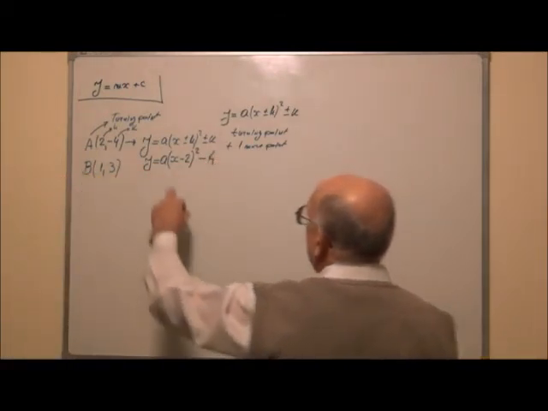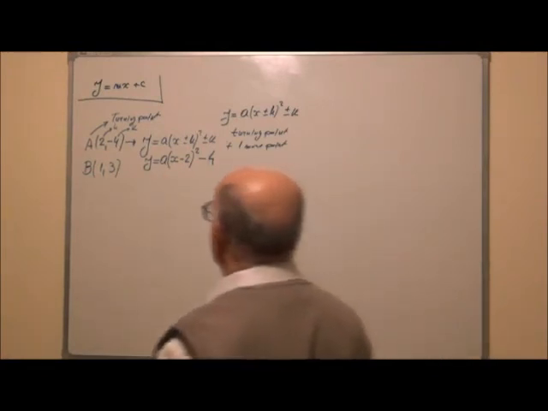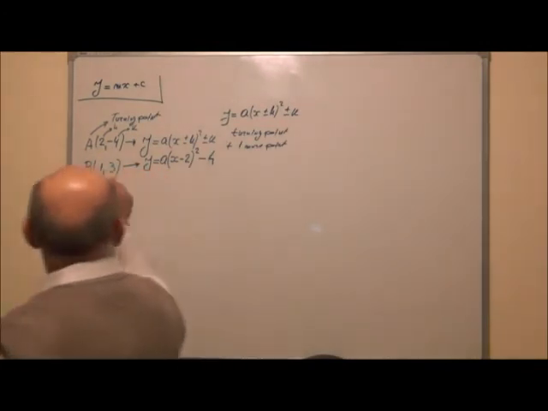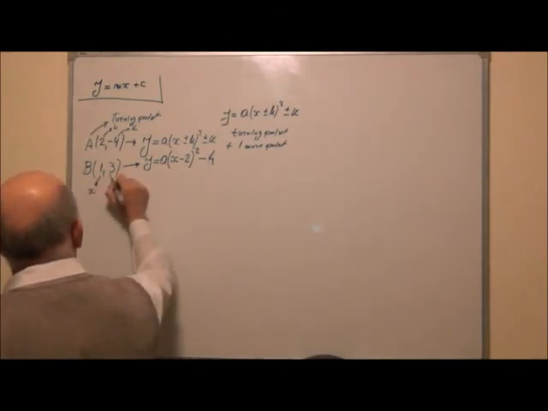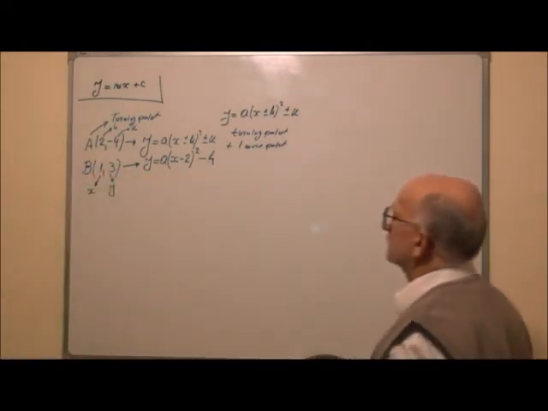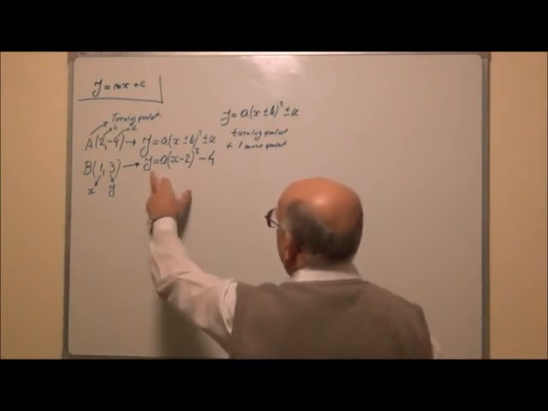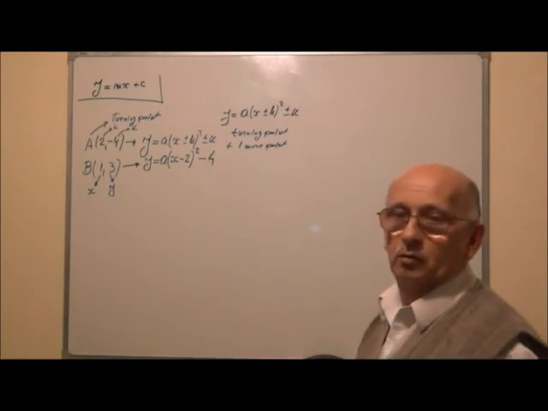We need to find a. To find a, now we can substitute the coordinates of point B. Remember, this is the x, this is the y coordinate. We substitute those coordinates in this equation for x and y, and then we can find the value of a.